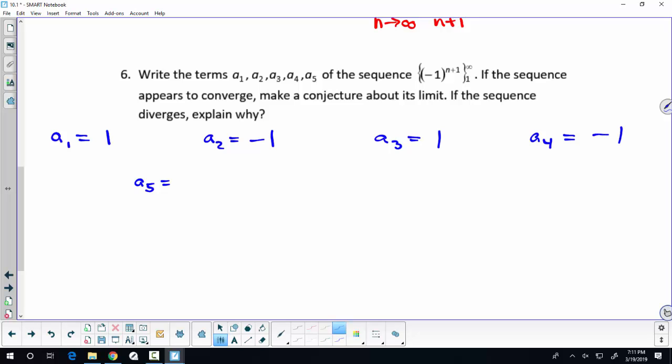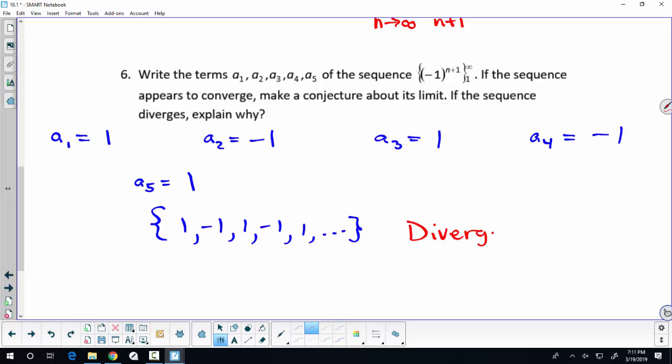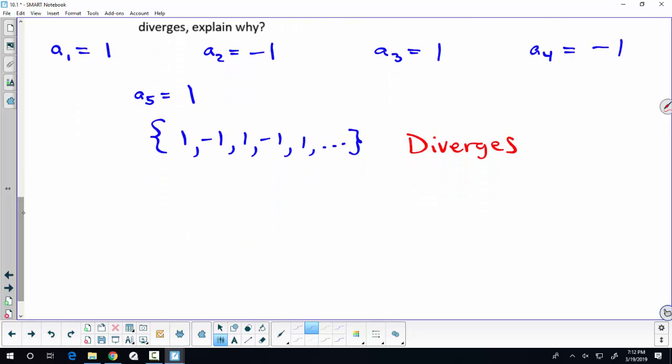Fifth? All right, get the idea. So our sequence: 1, negative 1, 1, negative 1, 1. Converge or diverge? Diverges. So it diverges, just oscillating between 1 and negative 1. It's not approaching a single finite value.